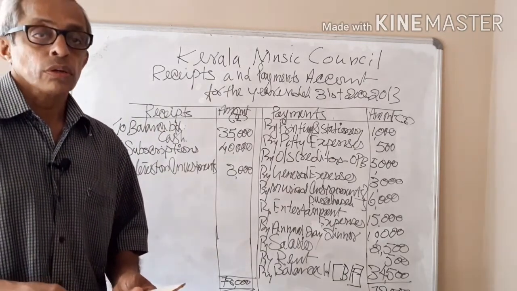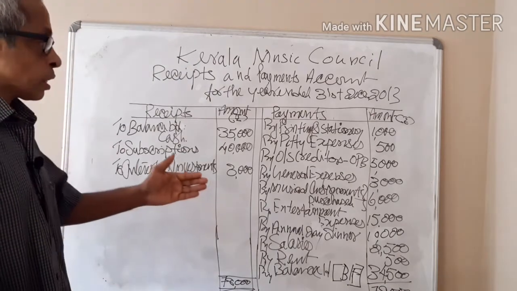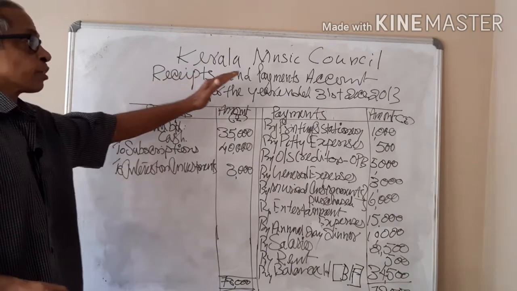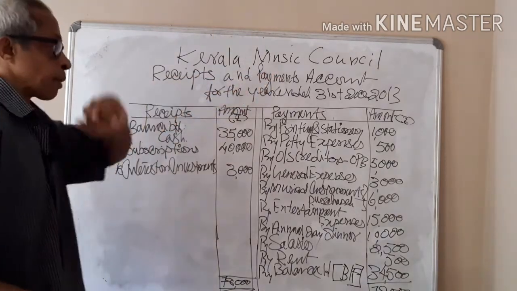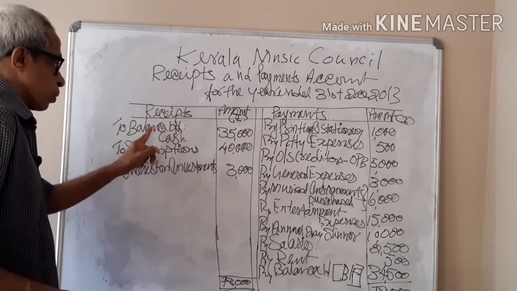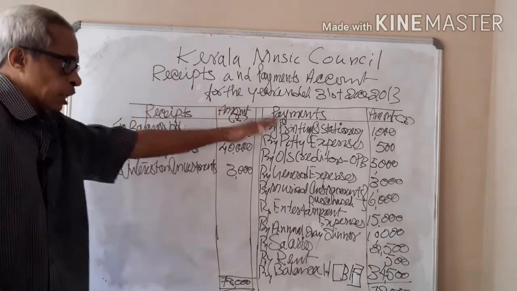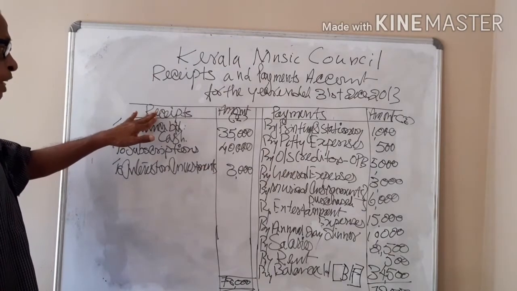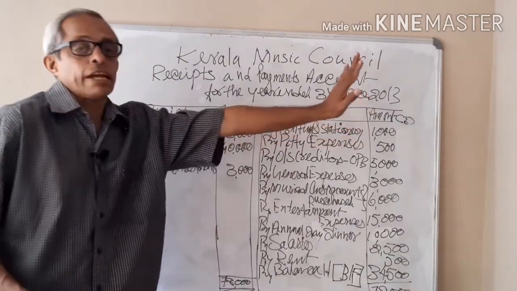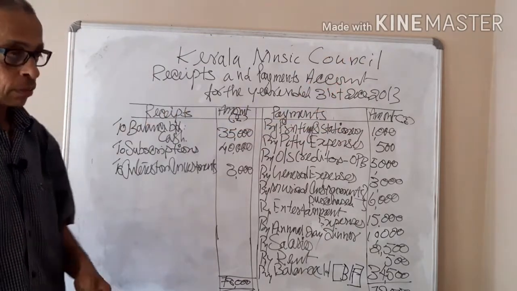So we first start with the preparation of the receipts and payments account. For that, we have to make a T-shaped account. The left hand side is receipts, amount in rupees, and the right is payments, amount in rupees.